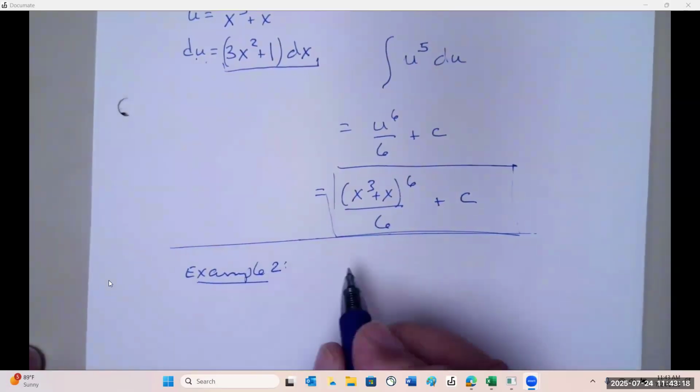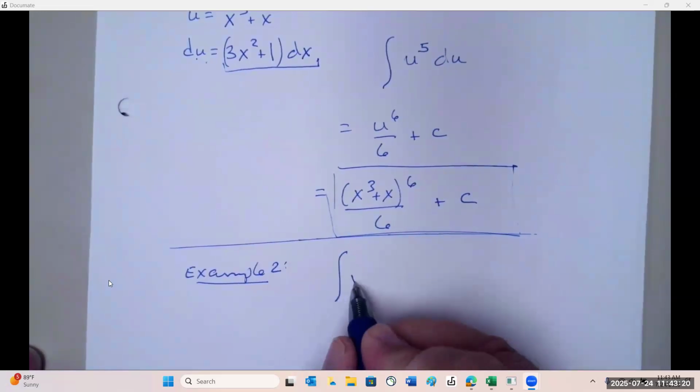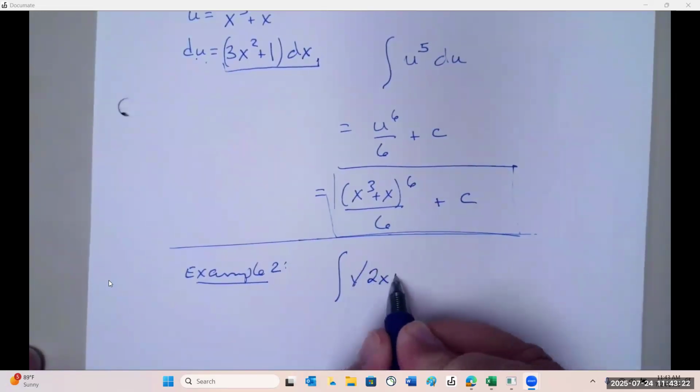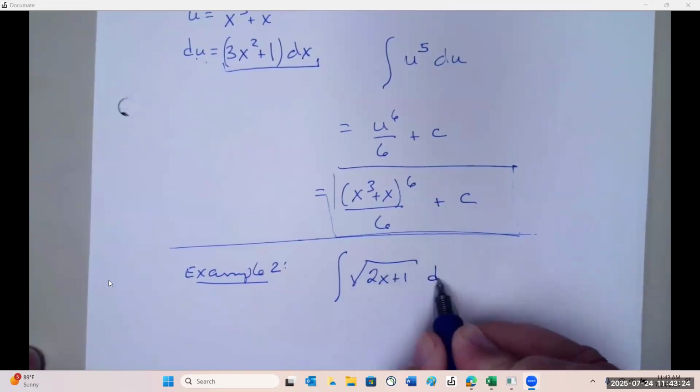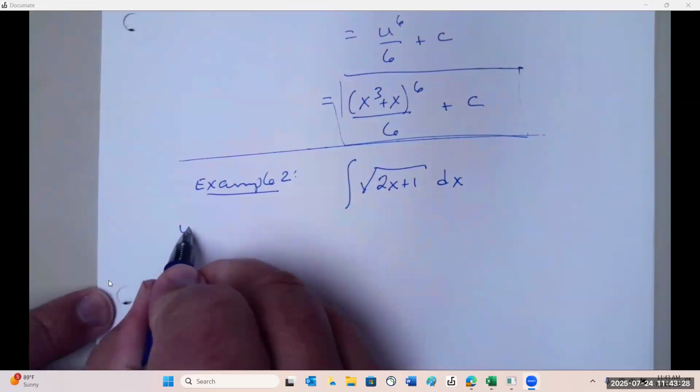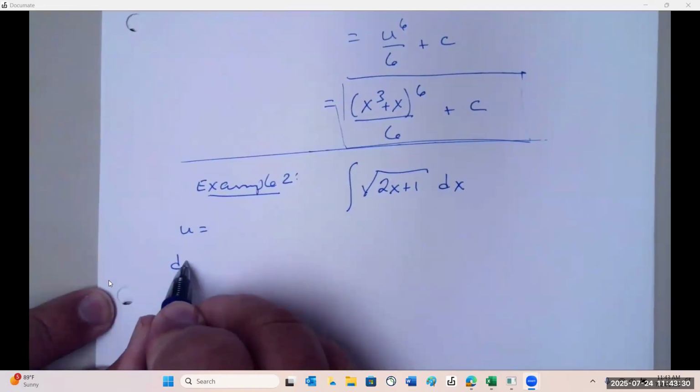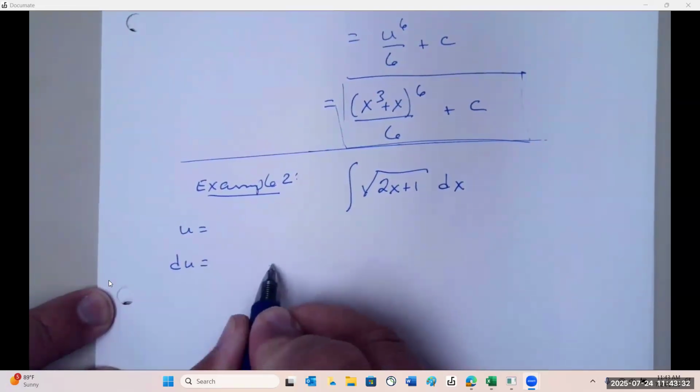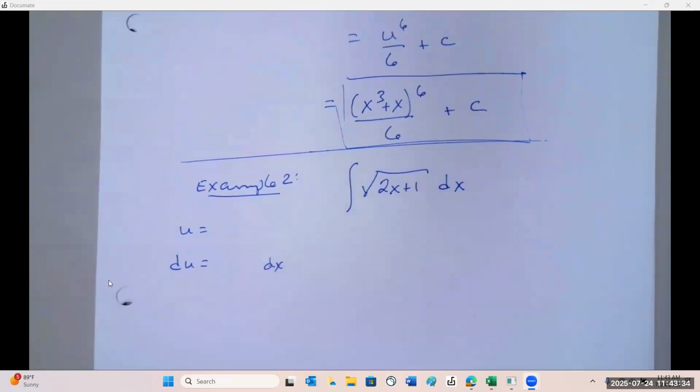Example 2. Evaluate this one. So we have to define a u, then we have to find a du. That's right in front of the dx. So what's our u going to be?